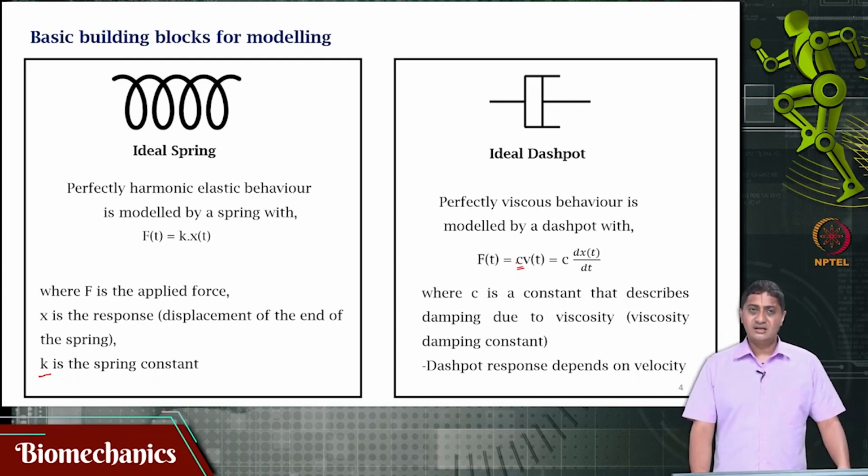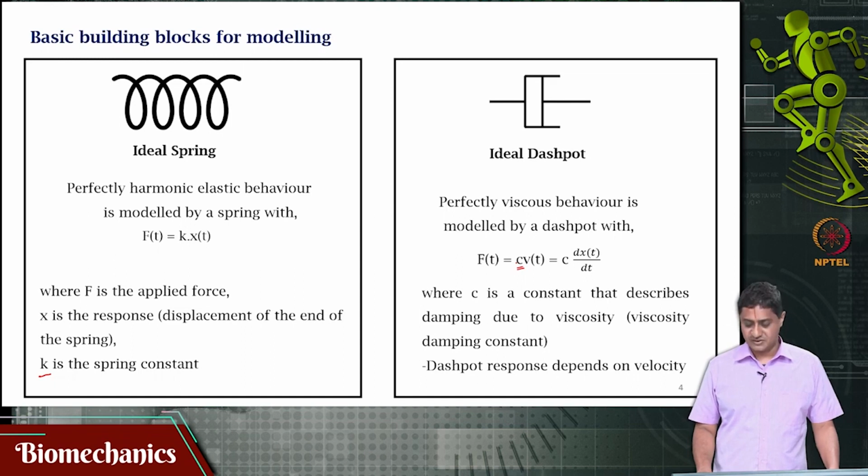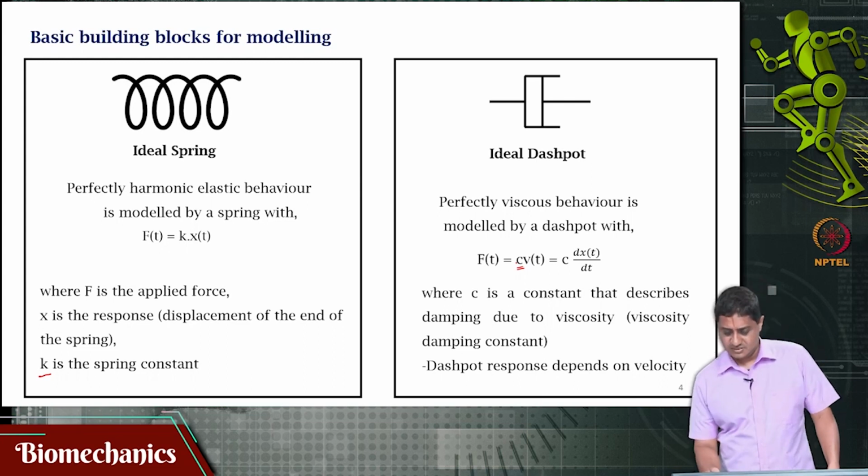So, if I am writing the force as a function of time, f(t) = c times dx(t)/dt, where c is the constant of proportionality, essentially the damping due to viscosity, or the viscous damping constant, and dx/dt or x dot is the velocity.